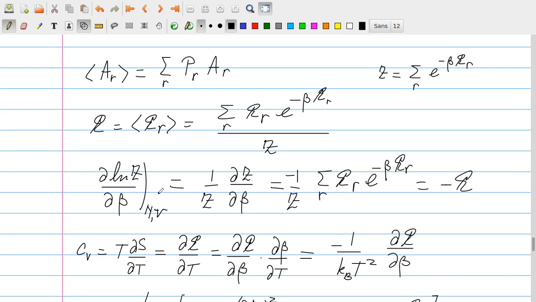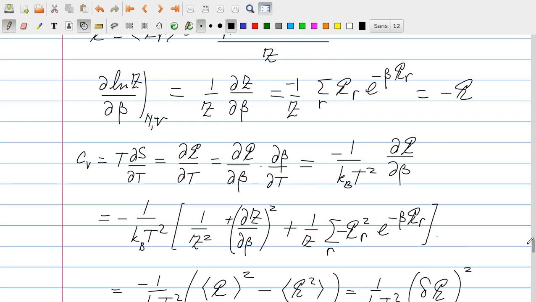So using the chain rule, I get 1 over Z times dZ d beta, and dZ d beta gives me a minus E_r here, and so I get minus 1 over Z, and then the sum over E_r e to the power minus beta E_r. And this is precisely minus the expectation value of E_r, therefore it's minus the average energy. And so we see that we have a simple formula for the energy. It's just minus d ln Z d beta.